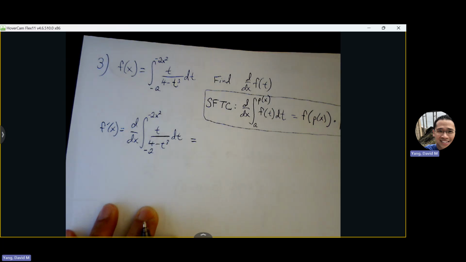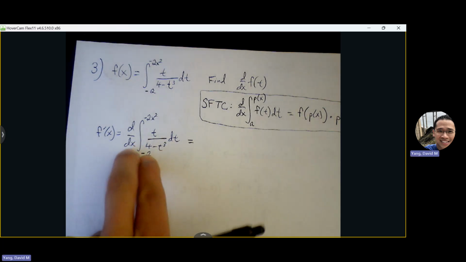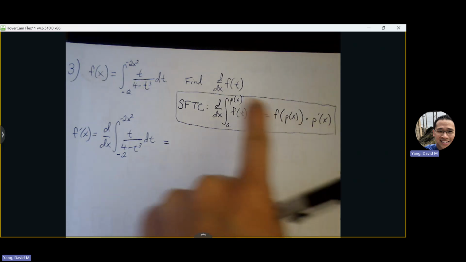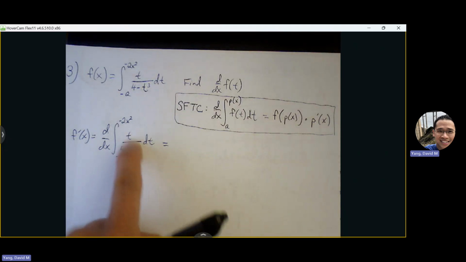Okay, so we're just going to follow whatever the theorem says. We're asking for the derivative of a definite integral. So then f of p of x just asks us to plug in the upper bound into the variable. So then every t gets replaced with what?